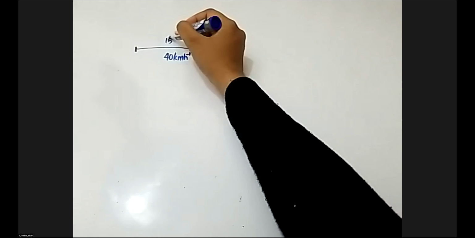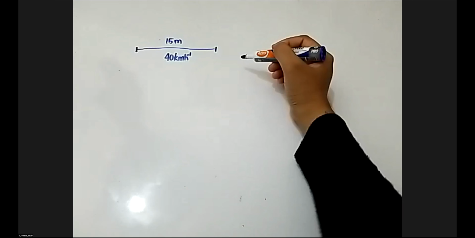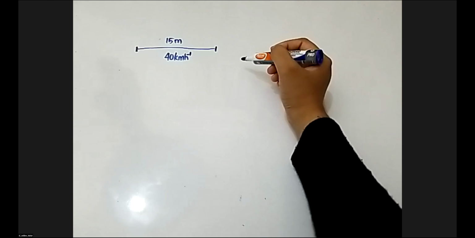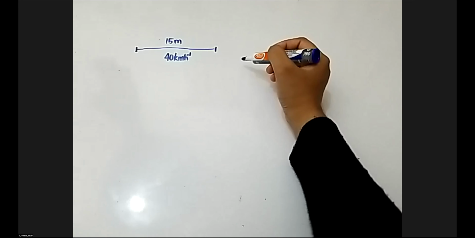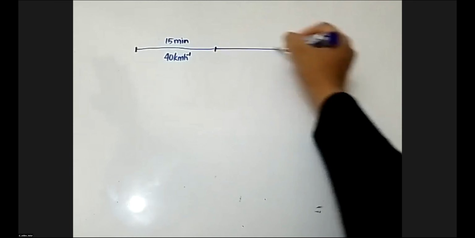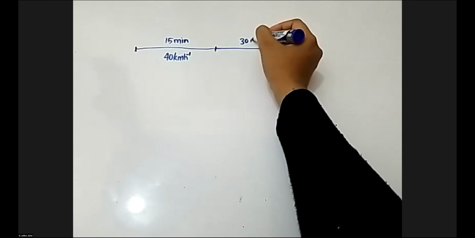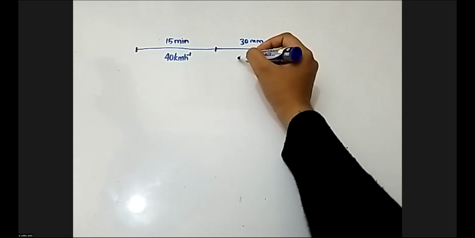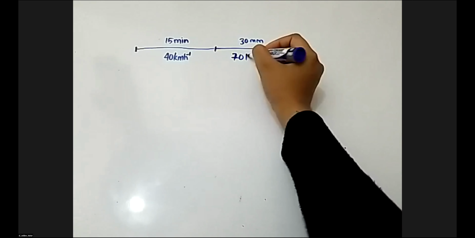And then it travels a further 30 minutes at a speed of 70 kilometers per hour. This is 15 minutes. Then the next 30 minutes, it's traveling at a different speed, 70 kilometers per hour.